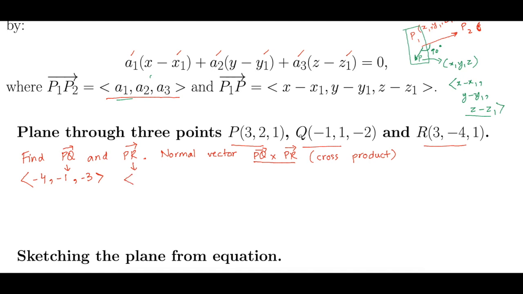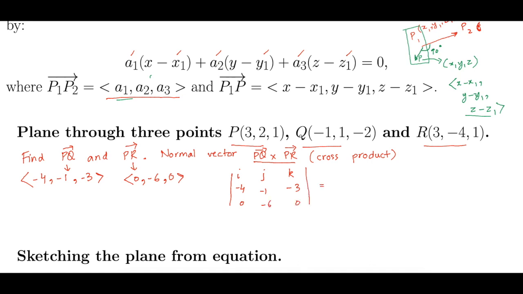PR is 3 minus 3, which is 0, minus 4 minus 2 is minus 6, 1 minus 1 is 0. Now what is this cross product? We use i, j, k, with rows minus 4, minus 1, minus 3 and 0, minus 6, 0.